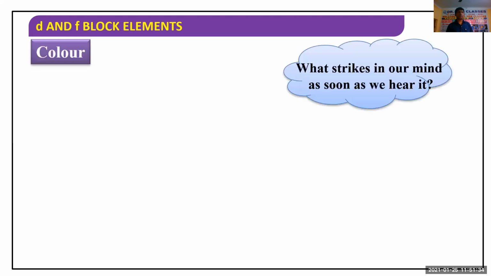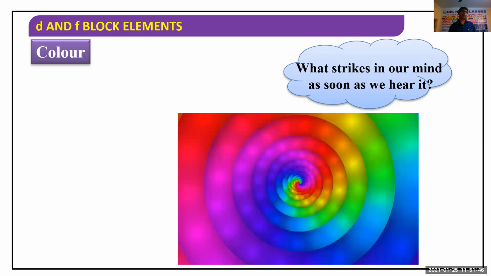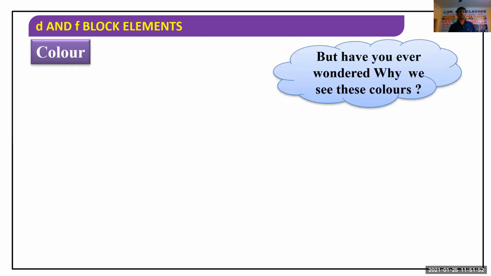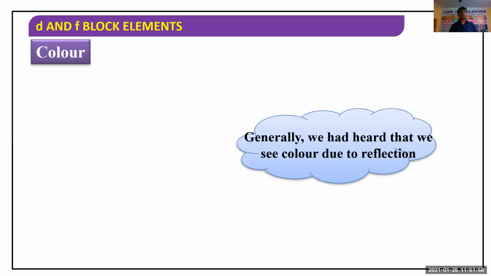Color of compounds. Why are the compounds of d block elements colored? What strikes in our mind as soon as we hear it? But have you ever wondered why we see this type of colors?